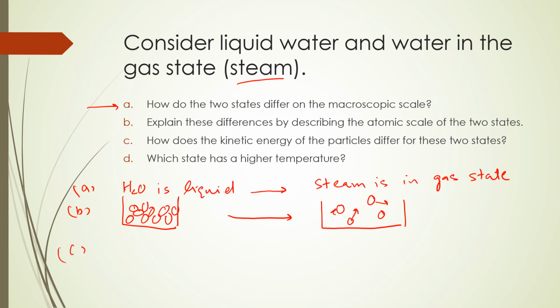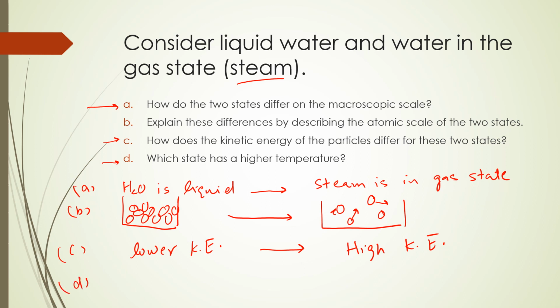In C, how does the kinetic energy of particles differ between these two states? In liquid, there is relatively lower kinetic energy because the particles are moving, but not that much. In gas state, there is high kinetic energy. Last one is D: which state has higher temperature?